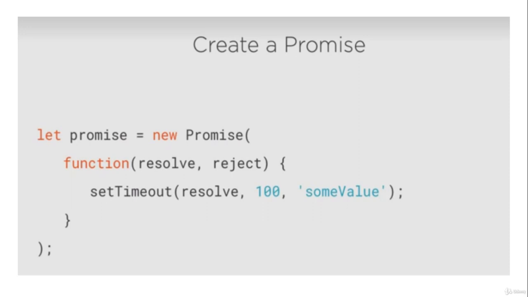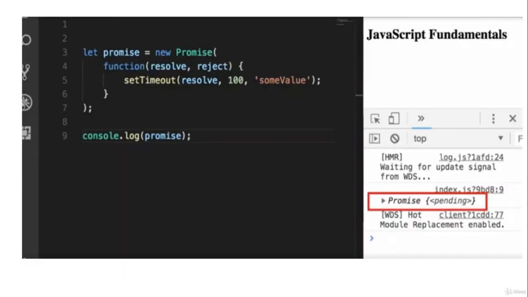But here you can see we are creating a new promise and we are passing it one argument. It's a function that will accept two more functions as parameters, resolve and reject. So this function will execute immediately once we create this promise.